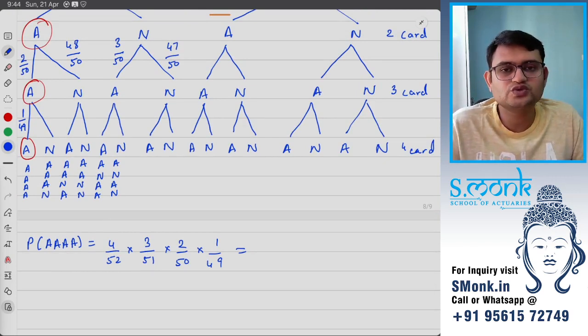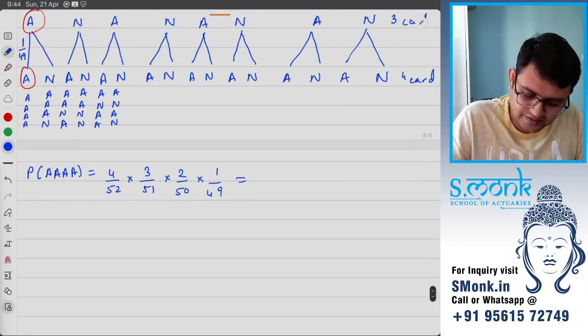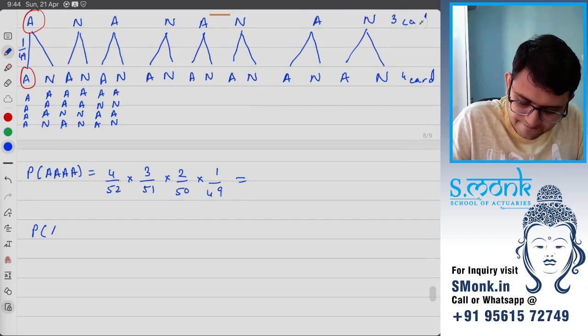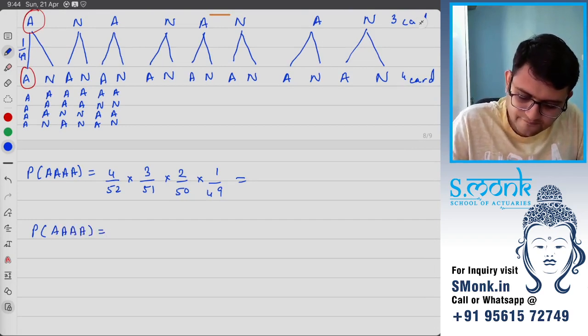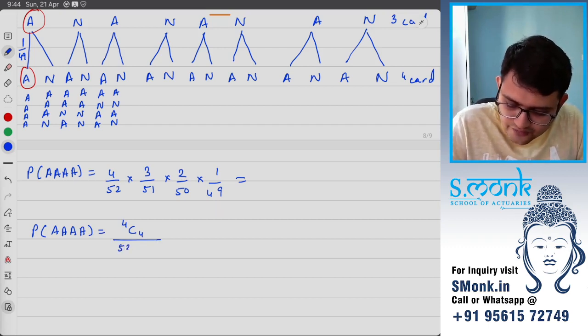Now, to solve this, you have an easier way. What we can do is, we can say that out of 4 aces, I will choose any 4 out of 52 cards.